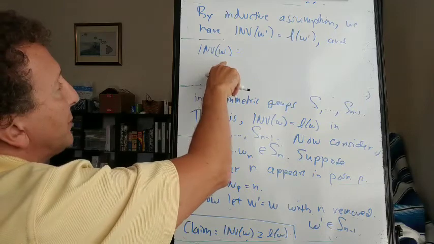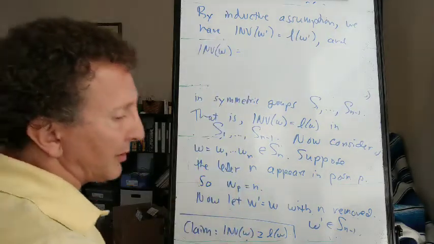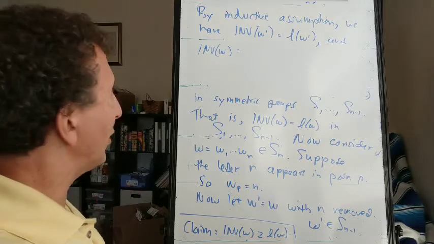And the number of inversions of W is this number plus however many numbers are to the right of N and smaller than it.